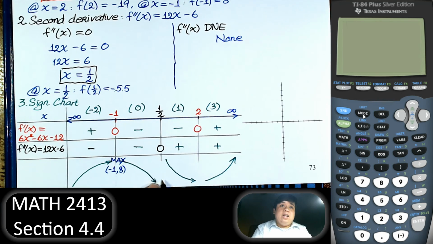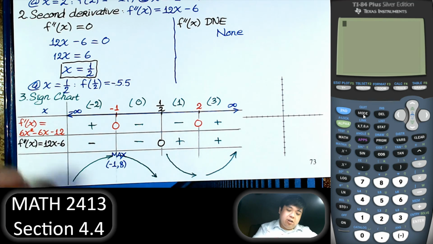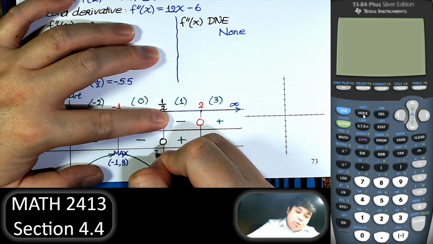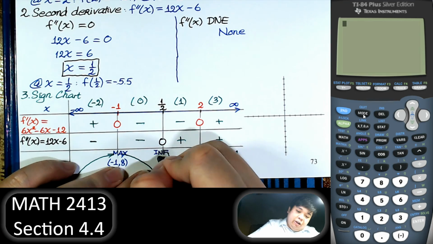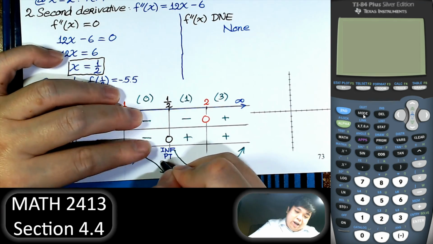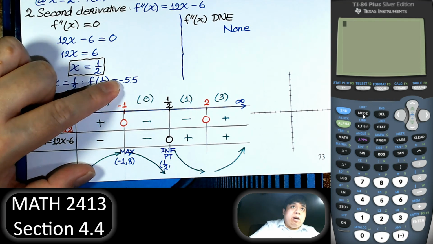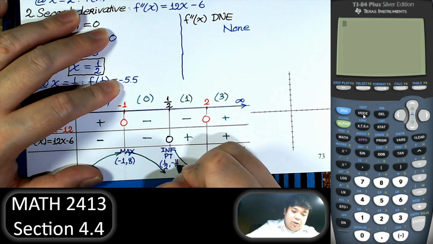Now, at this point, the second derivative changes sign. So this will be the inflection point, because it goes from concave down to concave up. Inflection point, and when x equals 1/2, y equals -5.5, or -11/2.